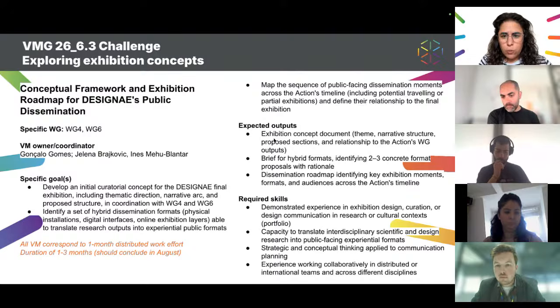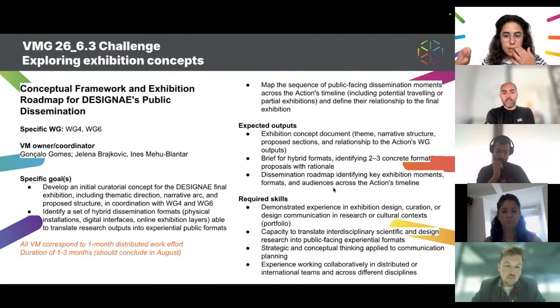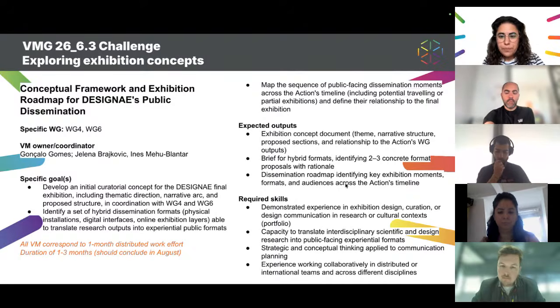The main outputs here are an exhibition concept document: what is the theme, the narrative, proposed sections, the relationship, which hybrid formats could be included, and having a roadmap, so an idea and different sections for implementation as well.